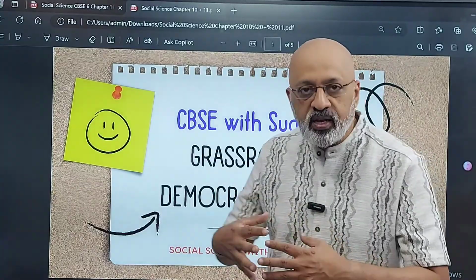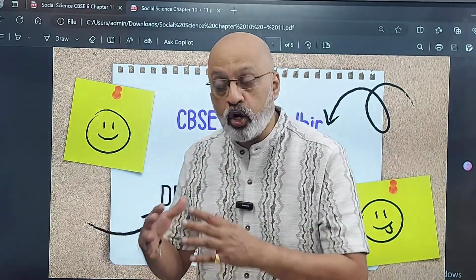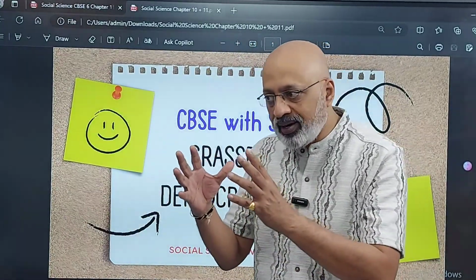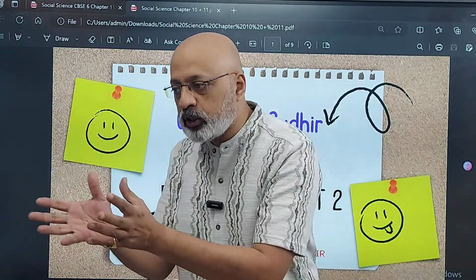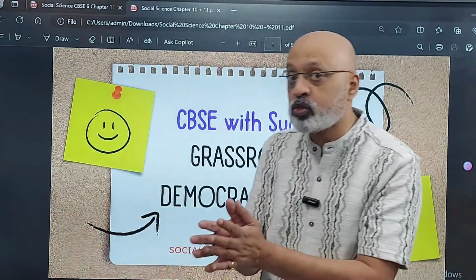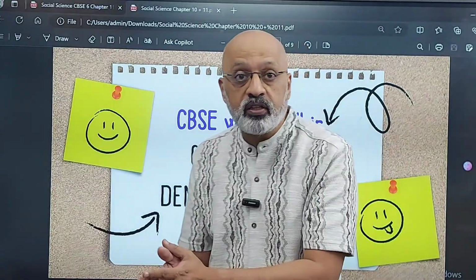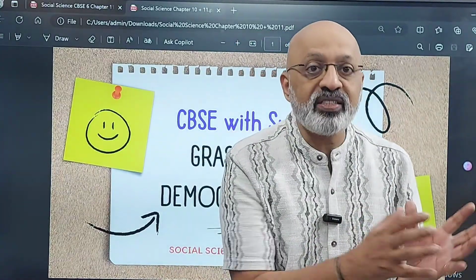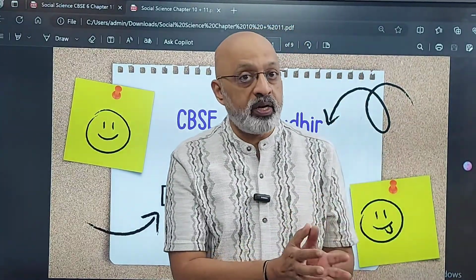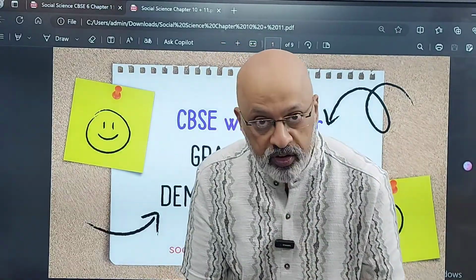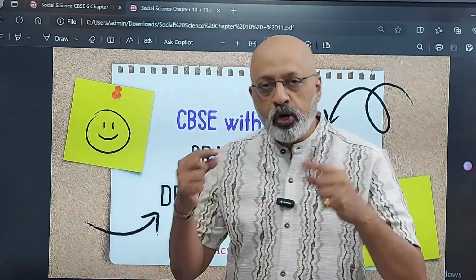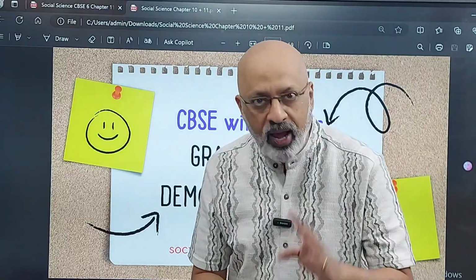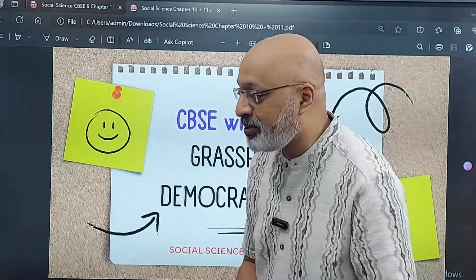That is, what kind of governance structure there is, and which agency solves the daily needs, requirements, problems and issues in rural areas. Similarly, which agency takes care of problems in the urban areas, in the cities and towns of India? It's going to be fascinating because you'll be able to relate to it very well, and I am sure I'll be able to make it very interesting for you.